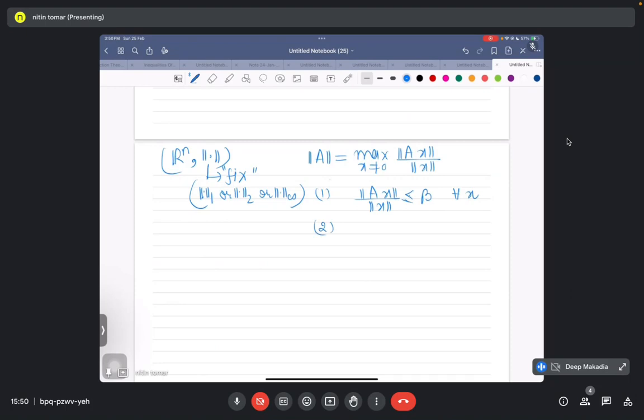Now this is what I have to show. But what I have been able to show so far is that norm Ax1 is less than or equal to alpha naught for all x. This I have shown, right? And this beta has to be independent of x. But alpha is also independent of x. So where is the problem? Can anyone tell me where is the problem?